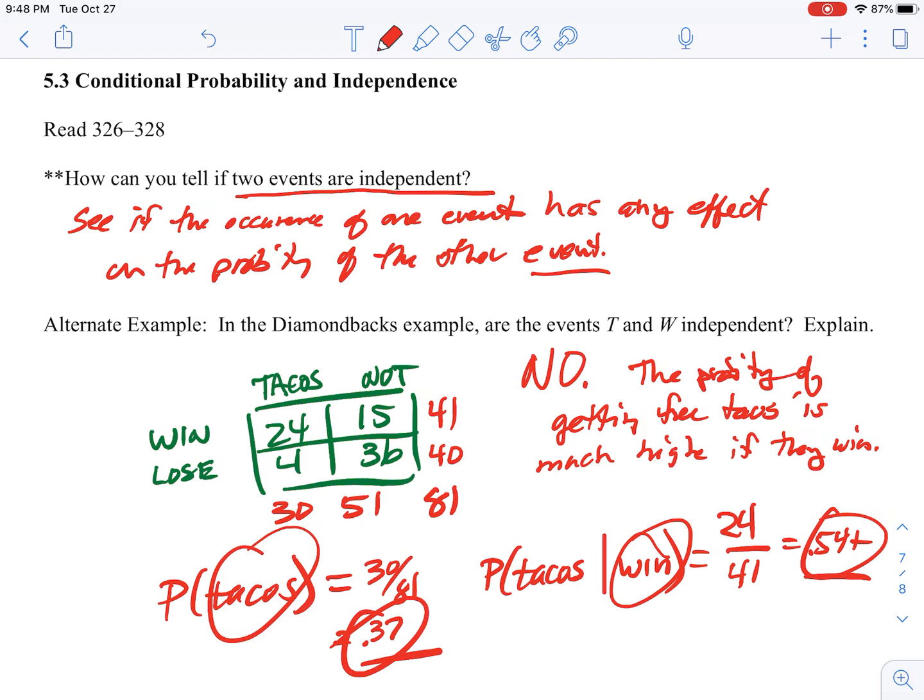If it does, then we would say they're not independent. And that's what happened with the taco problem.